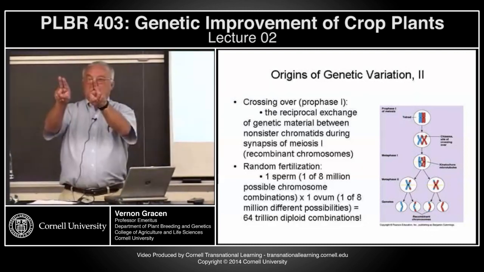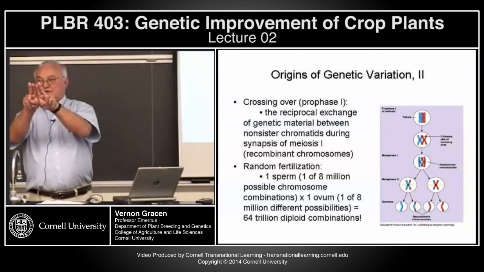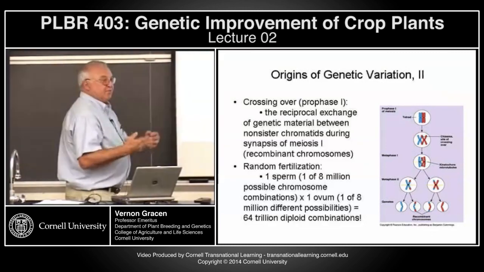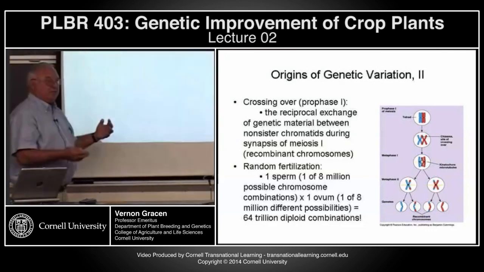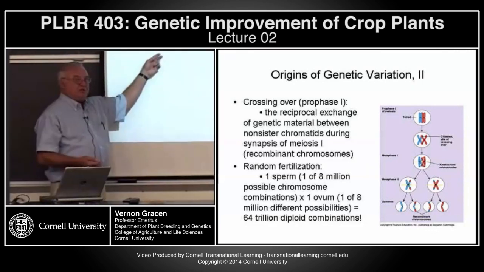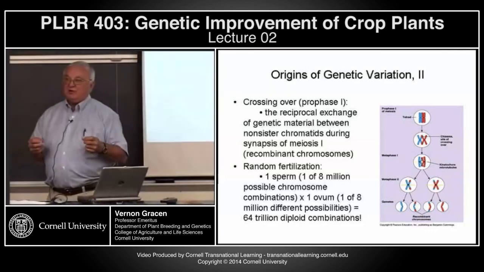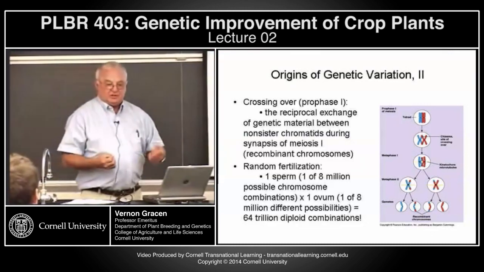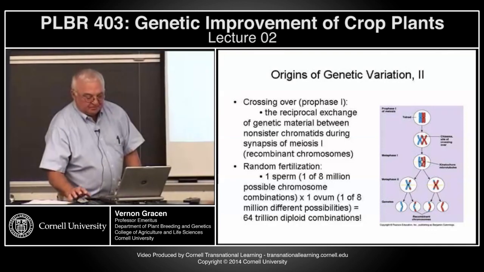When these chromosomes pair, we get a significant amount of crossing over. And probably in the development of our crops, this genetic recombination through crossover has led to more new genetic variation than any of these other factors.